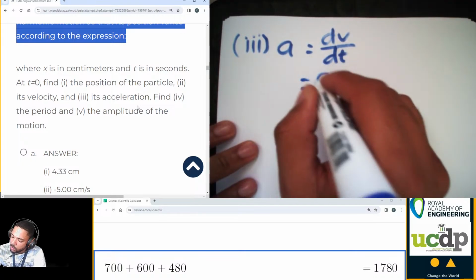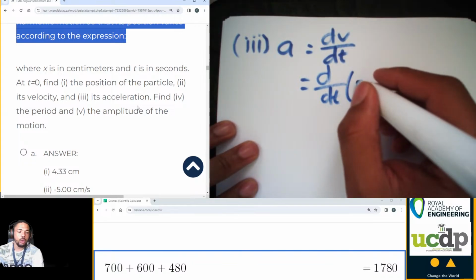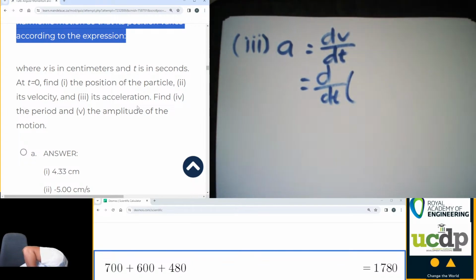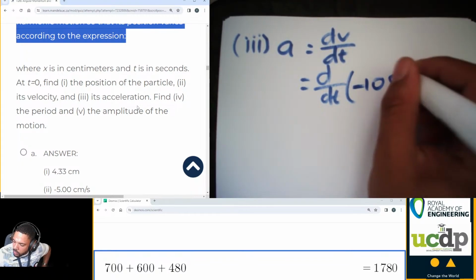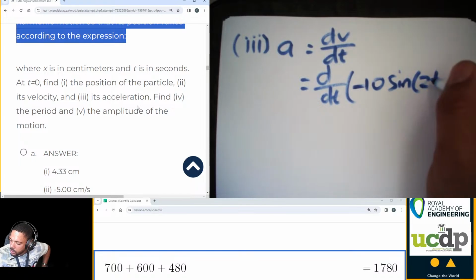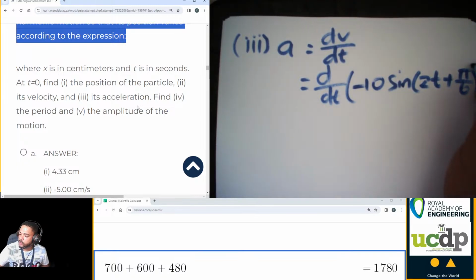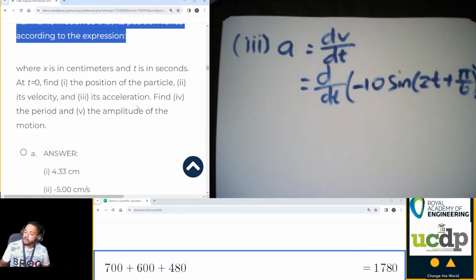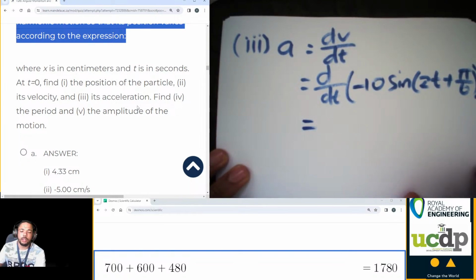We've already found a formula for the velocity, and it is equal to negative 10 sine of 2t plus pi over 6. So the derivative of the velocity is equal to the acceleration.